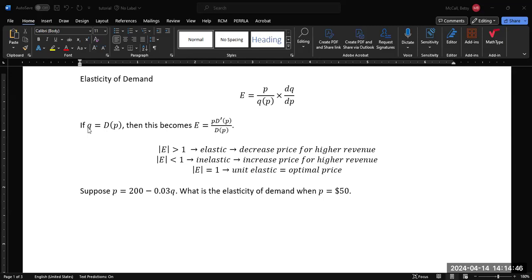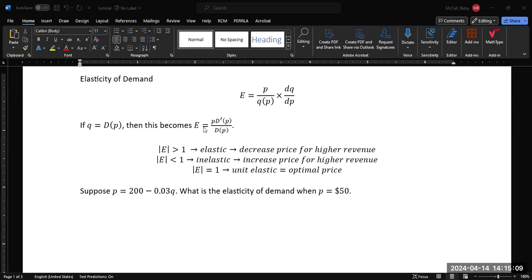So how much of a quantity is desired given a particular price. And sometimes you'll also see the equation written this way, where it's price times the derivative of the demand relative to the price, divided by the demand itself.